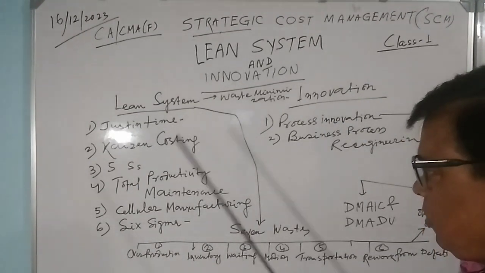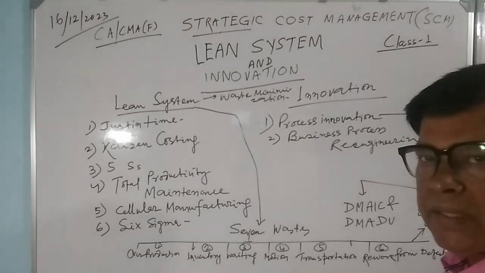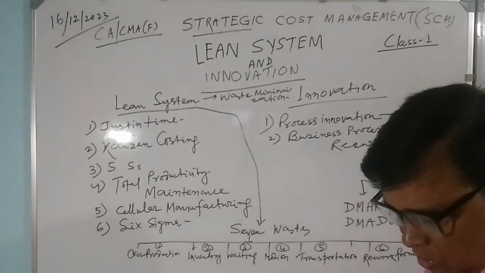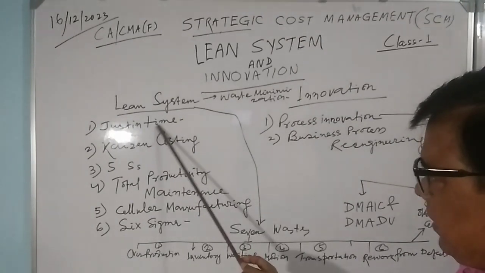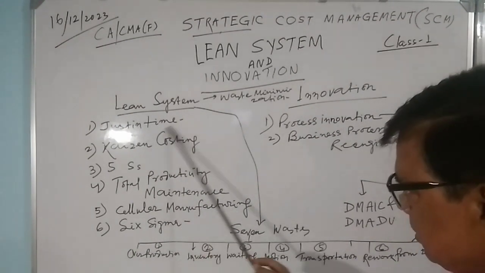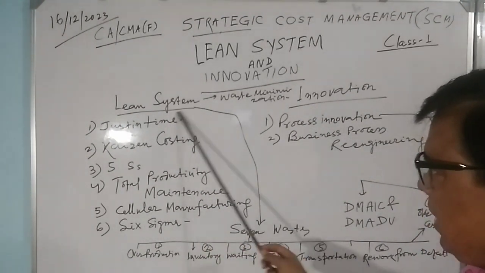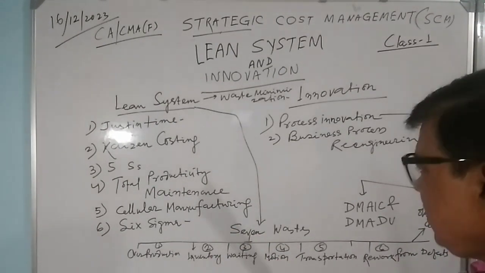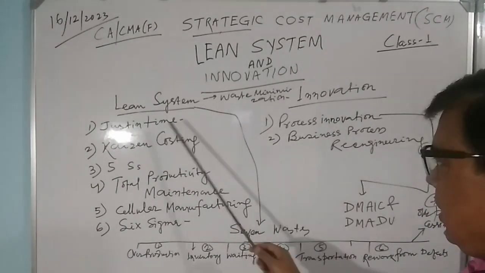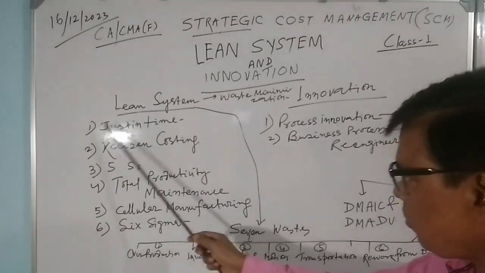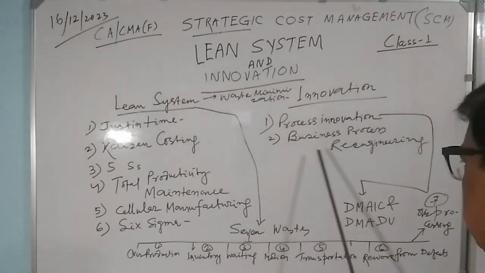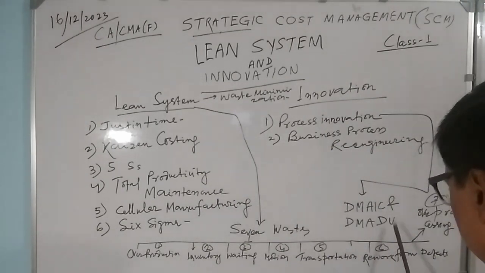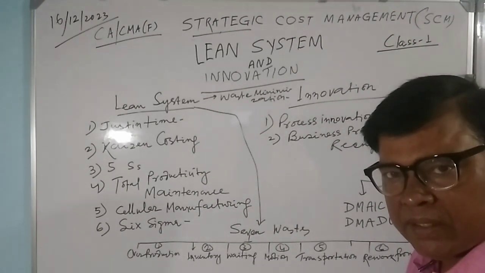Out of these, 3-4 techniques are very important. Today we will discuss one important technique, that is just in time, and how it works. And on the innovation part, process innovation and business process reengineering, we will discuss that as the second step.